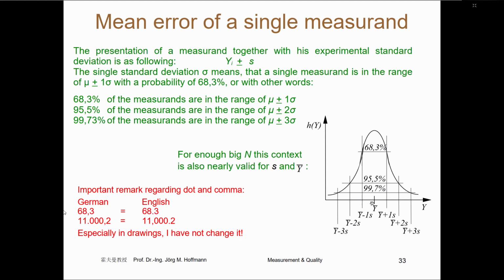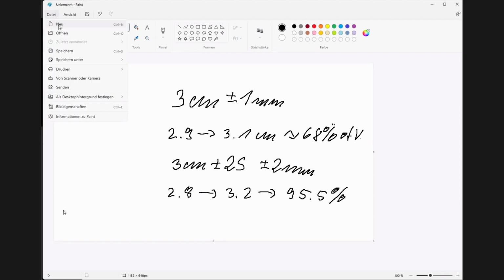So then another point: we have calculated this standard deviation from the past. We have measured many times, have calculated the standard deviation, and have made this drawing. And the question is, can we also speak about the future? And that we can. I will explain it in a new drawing.